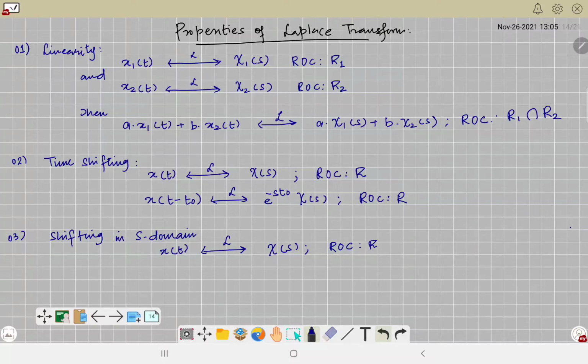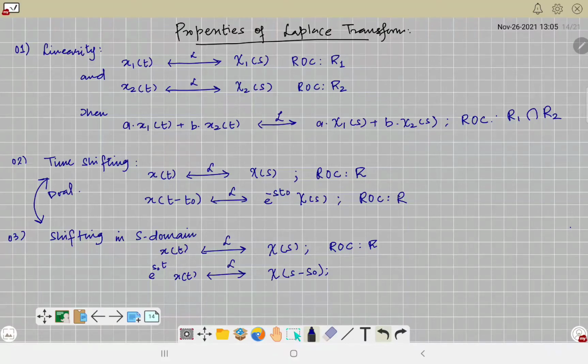Then if I shift it in the frequency domain, alternately, if I multiply this signal with an exponential e^(s0 t), it will correspond to a shift in the S domain, something like this. So this and this are kind of dual.